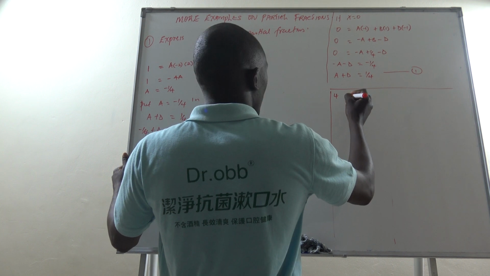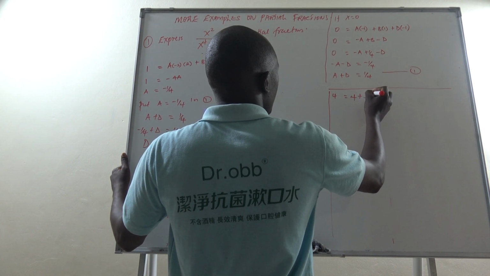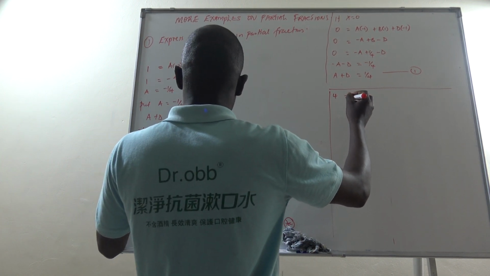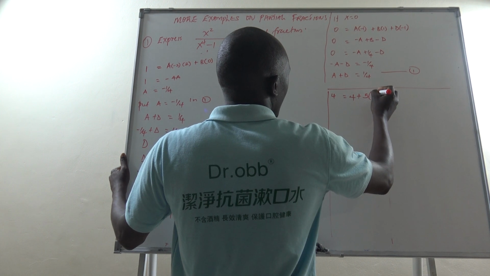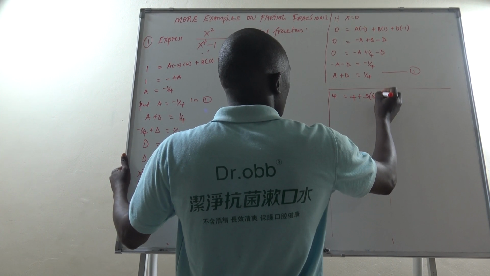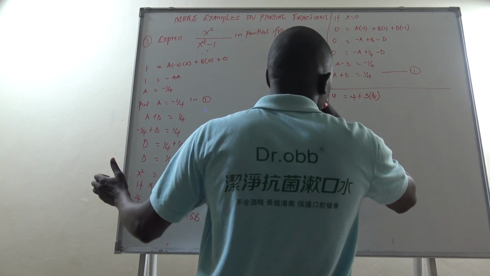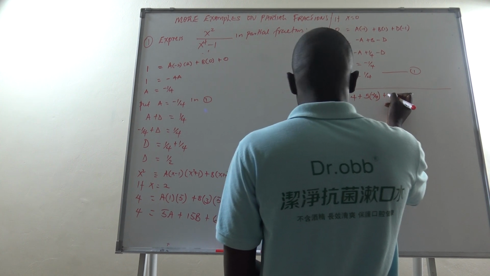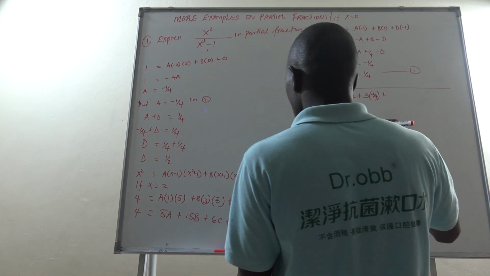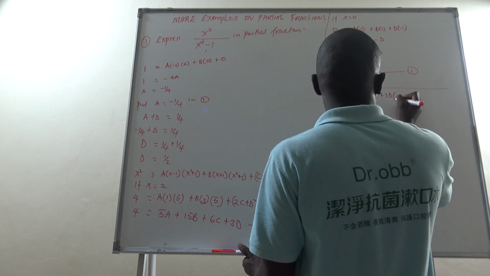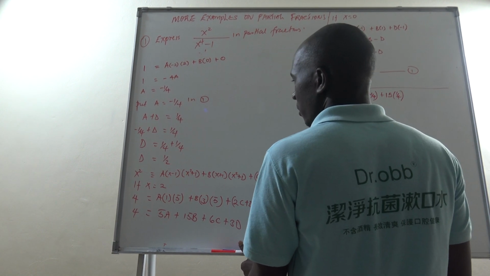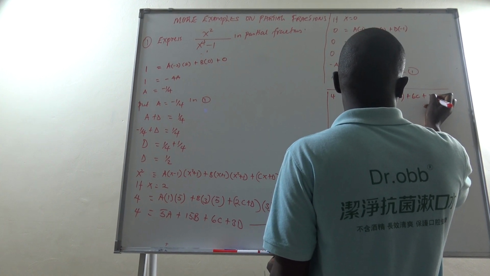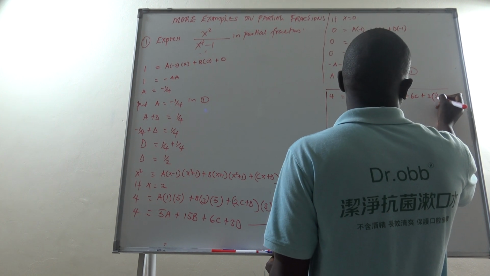So we are getting 4 plus 5 into negative a quarter, plus, do we know the value of b? B is positive a quarter. Then we go ahead, plus 6c plus 3 into the value of d is already a half.